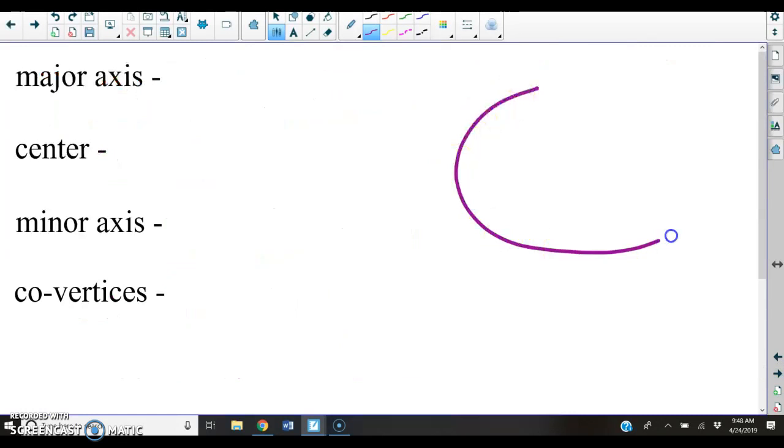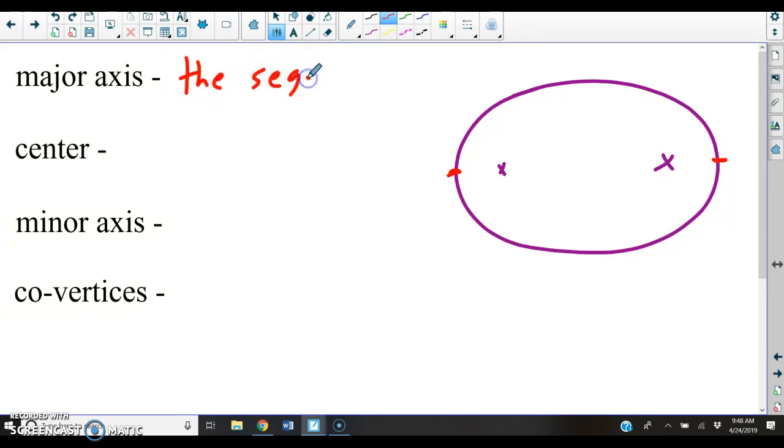All right, here we go. So here's the ellipse, about as best as I can do. Those are my foci. Now if you think about it, this point and this point are as far away from each other as possible. Those are the 2 vertices. The major axis is the segment that contains the vertices.